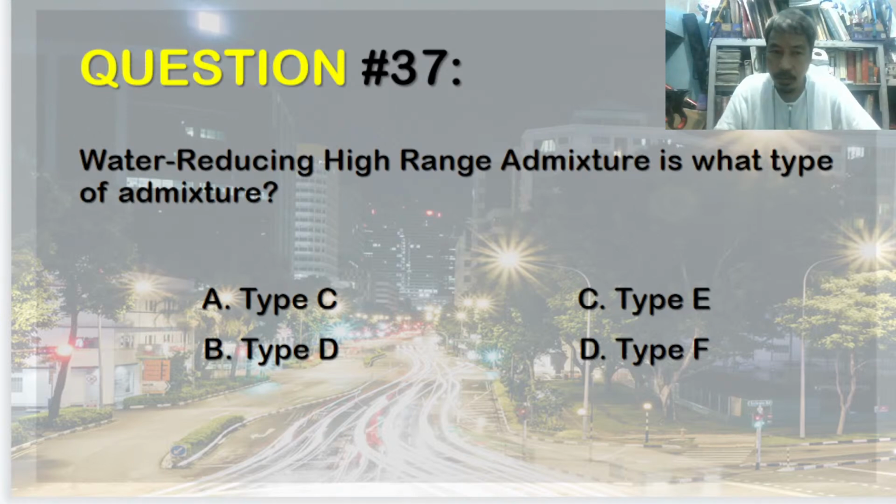There are several types of admixture. A, type C, B, type D, C, type E, D, type F. Okay? So, the water reducing high range admixture is what type of admixture? A, type C, B, type D, C, type E, D, type F. Okay?